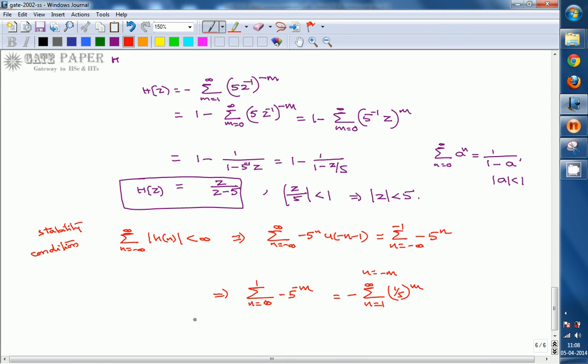We can write this as 1 minus summation n equals 0 to infinity of 1 by 5 whole power n, same as the previous one.